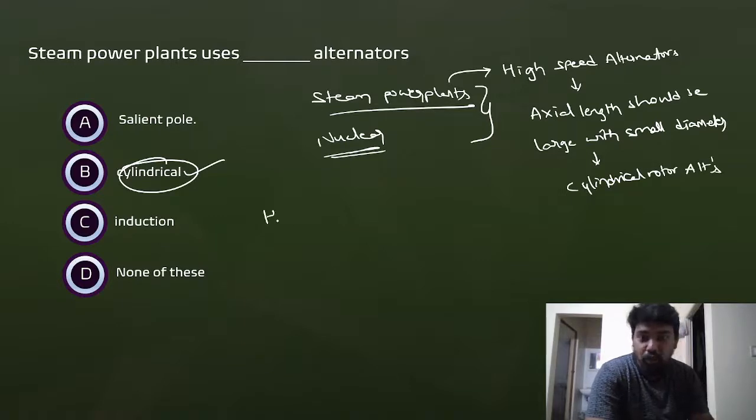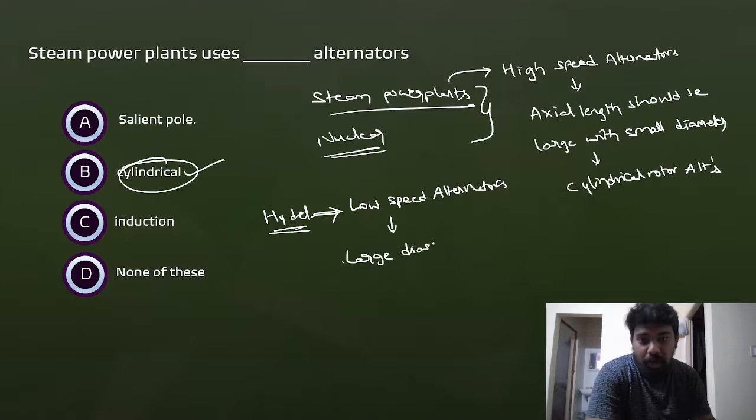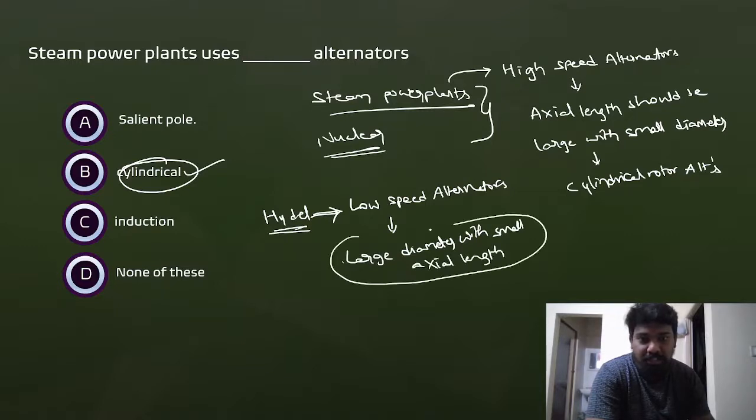But when it comes to a hydel plant, we need low speed alternators. That is, this alternator should have a large diameter with a small axial length. This characteristic will be possessed only by the salient pole rotor.